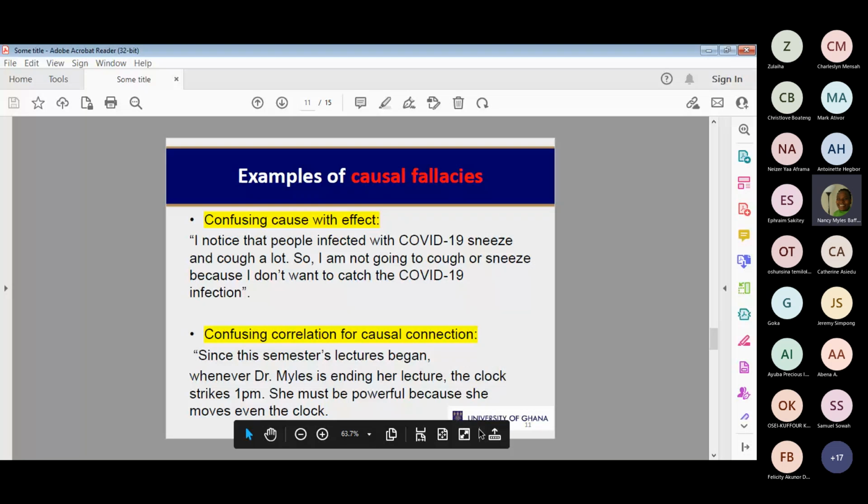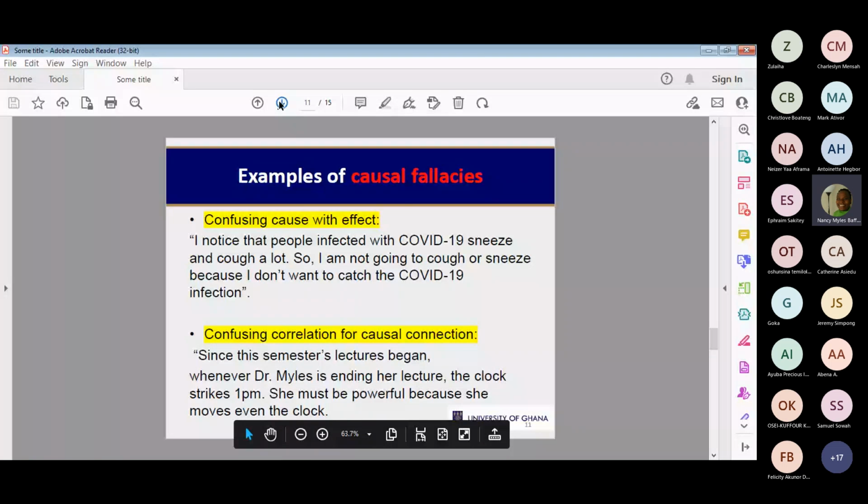Everybody will know that they happen at the same time all the time. Then you conclude that it is my ending the class that causes the clock to strike. No, it's a coincidence or a correlation. The two happen at the same time all the time. Doesn't mean one causes the other.